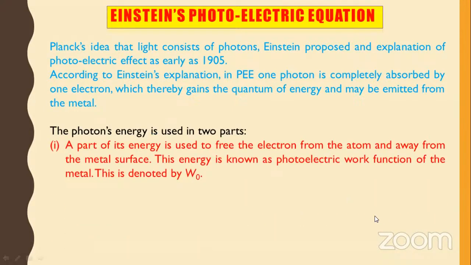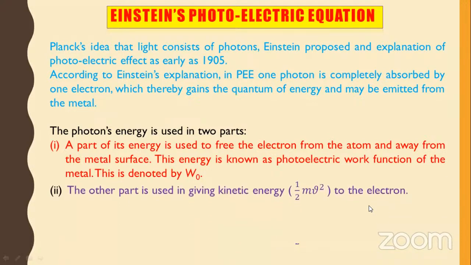One is to free the electron from the atom, away from the metal surface. This energy is known as the photoelectric work function of the metal, denoted by W0. The other part is used to give the kinetic energy.